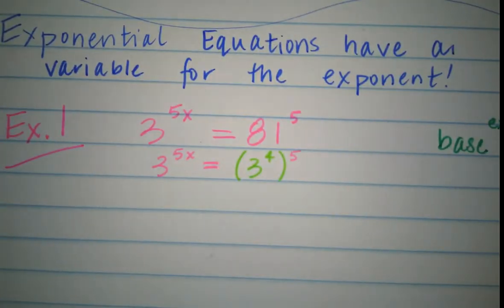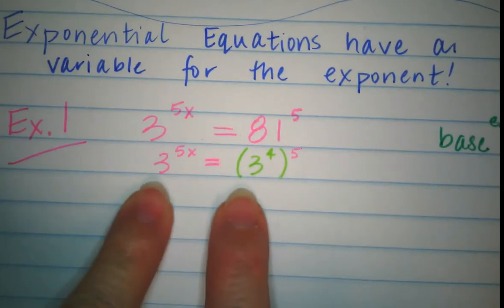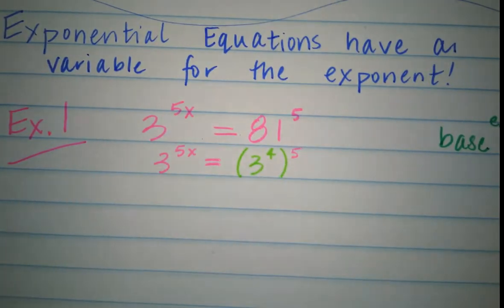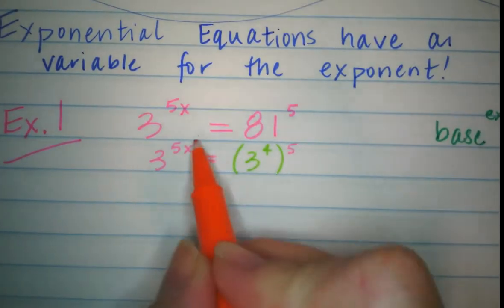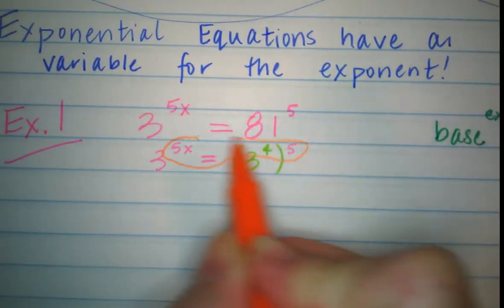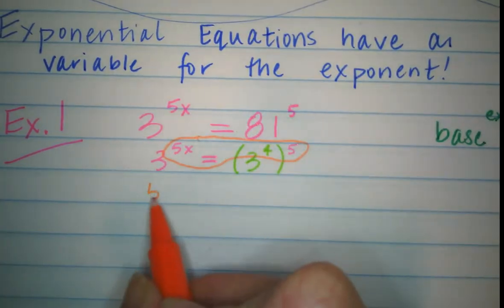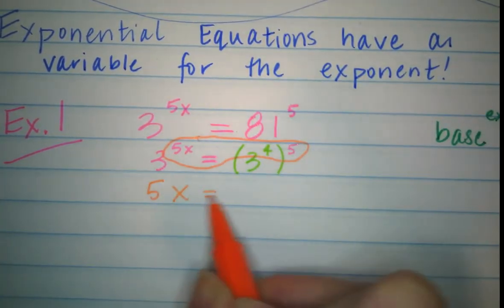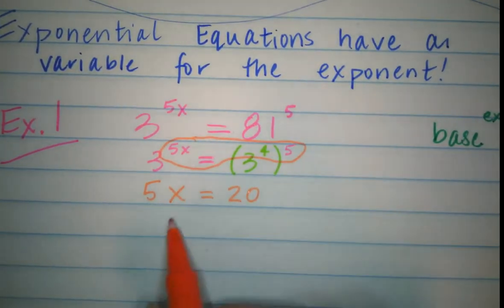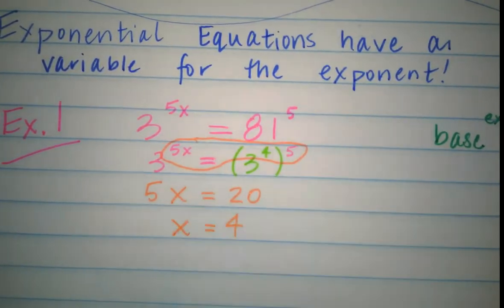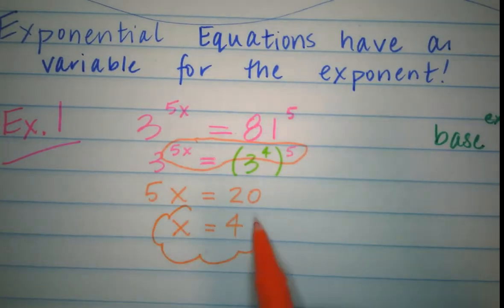All right, so now we have matching base numbers. As soon as we have matching base numbers, this tells me that those exponents must be the same also. So we get an equation right here. So what we have to solve is 5x equals 20. So x equals 4. And we're done.